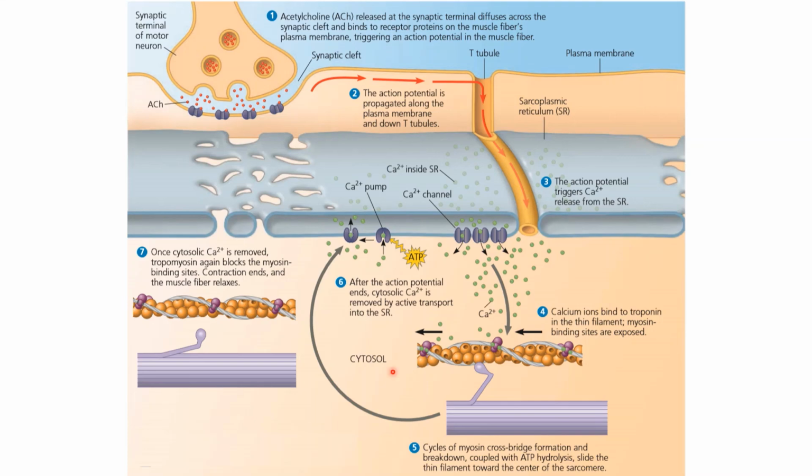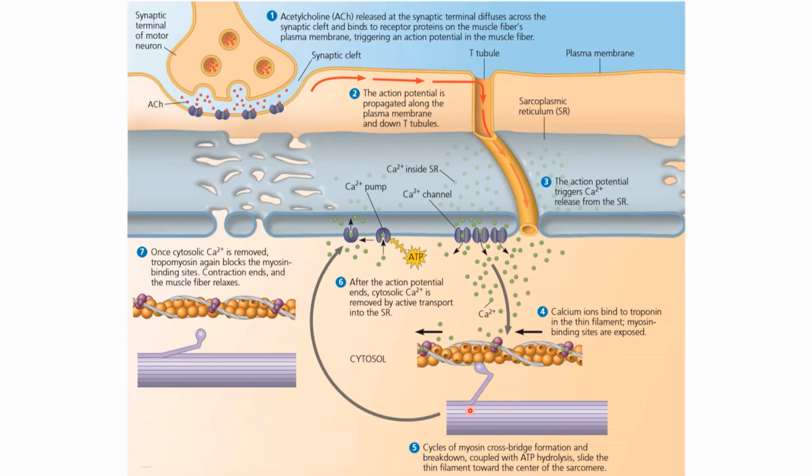So here's a look on that. So we have the nerve signal travels through the plasma membrane into the transverse tubule, causes the release of calcium ions out of the sarcoplasmic reticulum, causes the binding of those calcium ions onto the troponin, thus moving the tropomyosin and exposing the myosin binding sites of the actin.